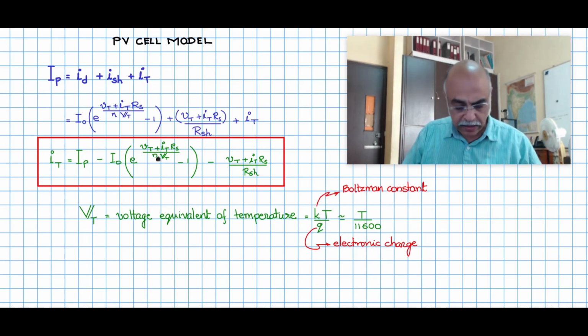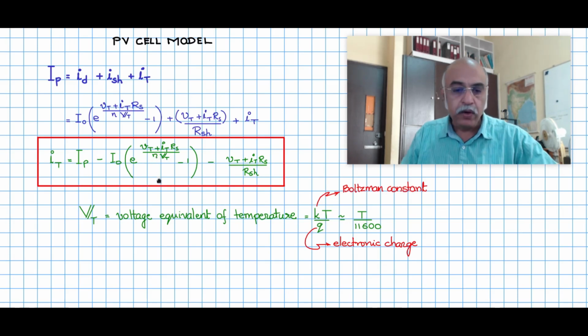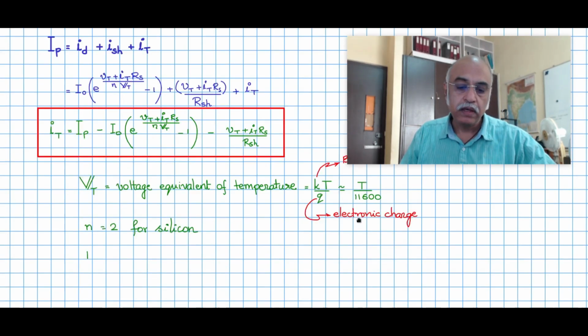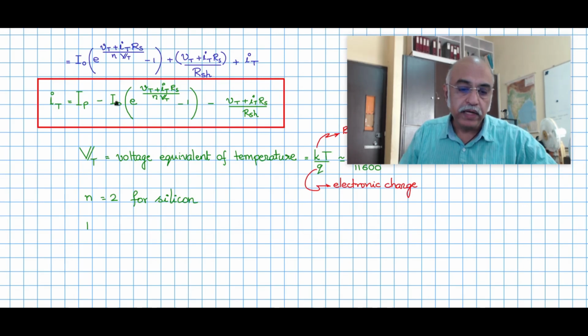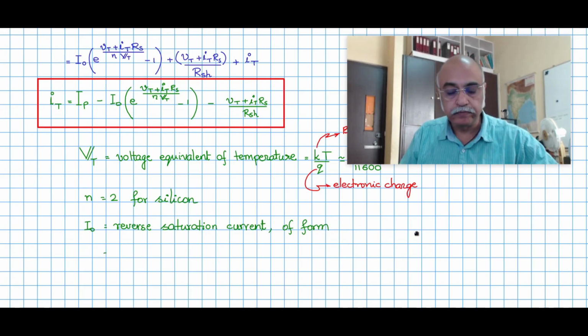Another parameter, A, is a scaling factor here, which is 2 for silicon. So it is a material scaling factor. And then the third one, which we don't know, is I0, the reverse saturation current, which also comes out of the physics of the semiconductor.